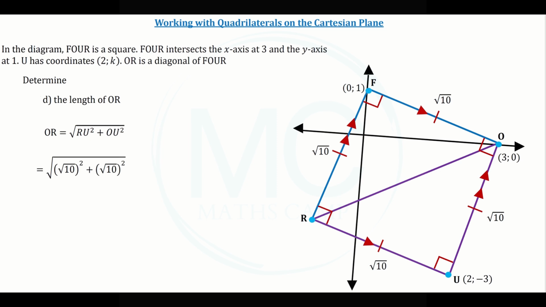Now, when you have a square and a square root, they will cancel each other out. So the root and the square cancel, and we have 10 plus, the root and the square cancel, and again we have 10 under a square root. 10 plus 10 gives us 20. So we can say 20 under a square root. And this is the length of OR in surd form.